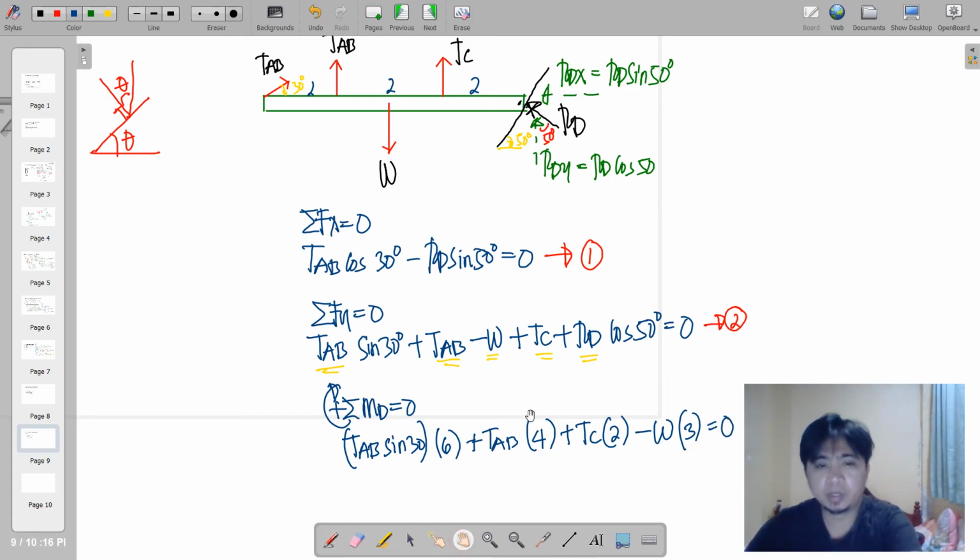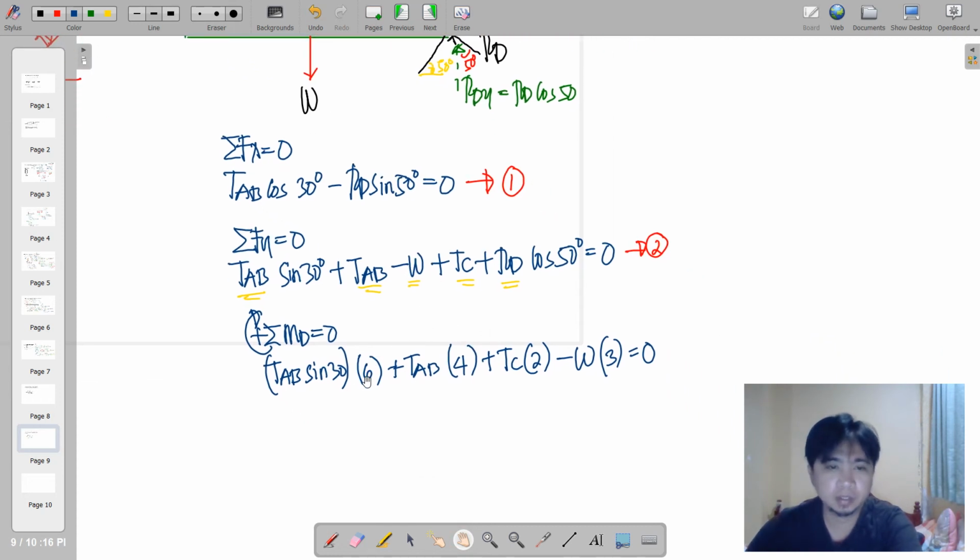Now, in order to supplement this equation, because as we can see, TAB, TC, and W are now present. So all we need is to supplement this equation so that TAB or TC will just be expressed in terms of W. So we can do that by equation 2, where in equation 2, RD here should be out of the picture.